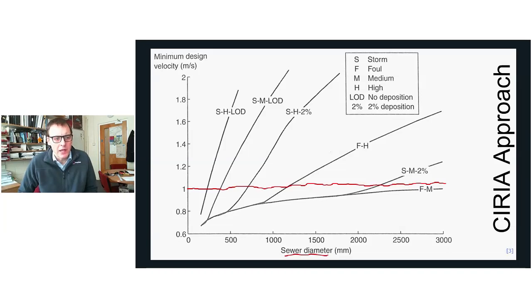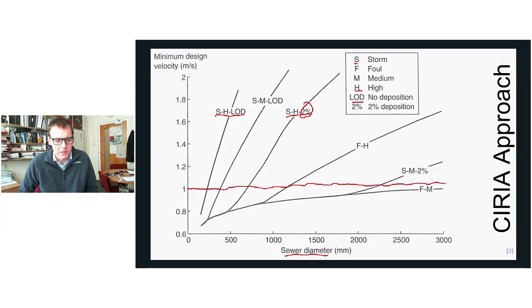So the SHLOD stands for, it's a storm pipe, you've got a high sediment load, and LOD, which stands for limit of deposition, means there's no deposition. So that's a pipe where there's absolutely no deposition at all. But if we went to the same pipe, but we were willing to allow up to 2% deposition, what you see is that the velocity criteria become quite different.